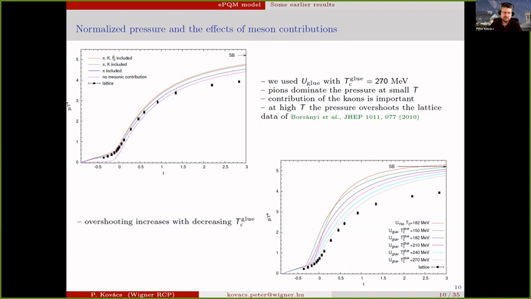We can see that this is a very good agreement with the lattice at smaller temperatures. Of course, at larger temperatures, we have some deviations, but it is expected that we cannot say that our model is valid for very large temperatures. And this is some other change in the variable, but if we choose this T_C glue properly, then we are very close to lattice results.